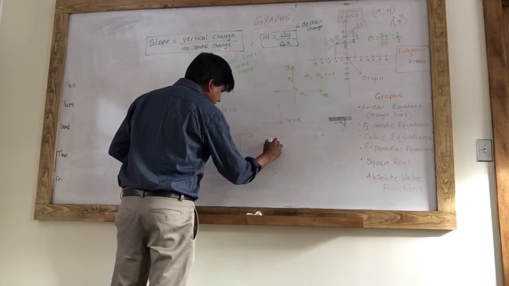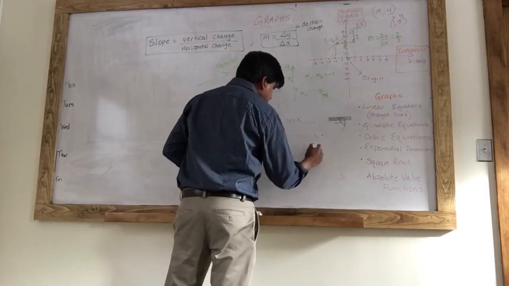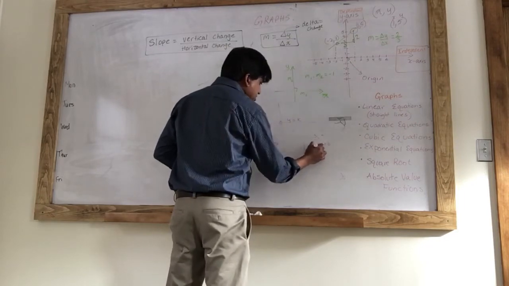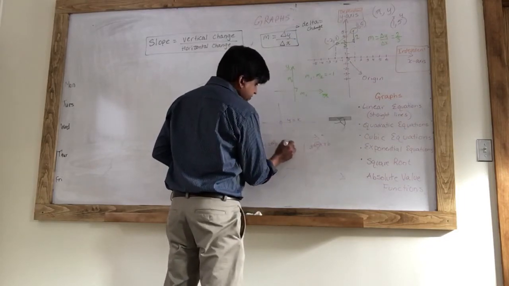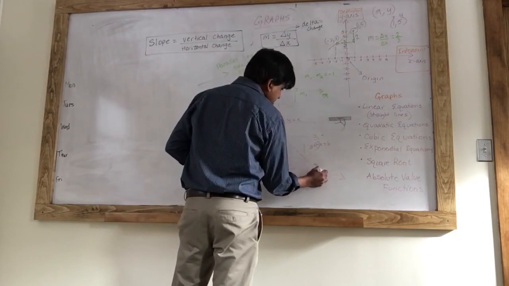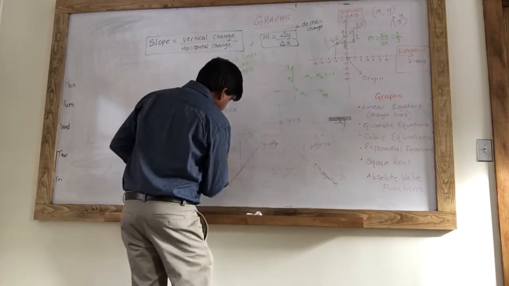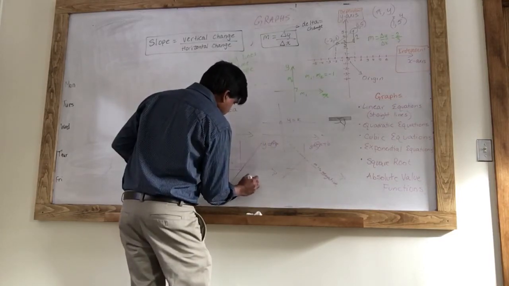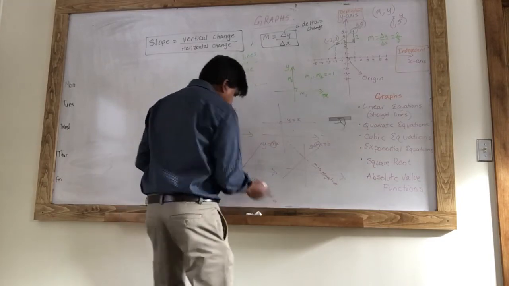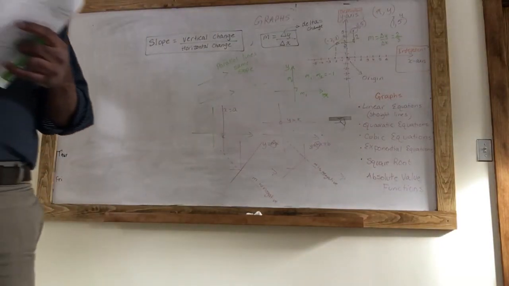This is the direct variation. And y is equal to mx plus b will be like this. And here we've used m to be positive. If it were negative, it would be like this. So this is when m is negative. Right? And this is the same case when m is negative.